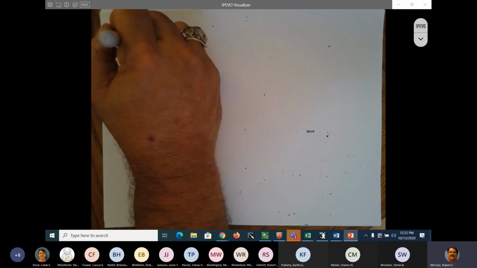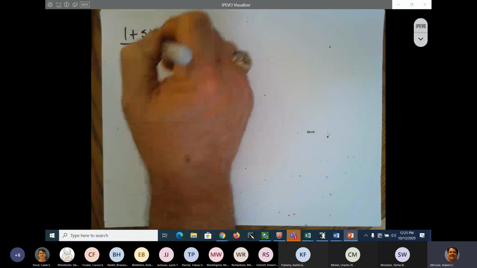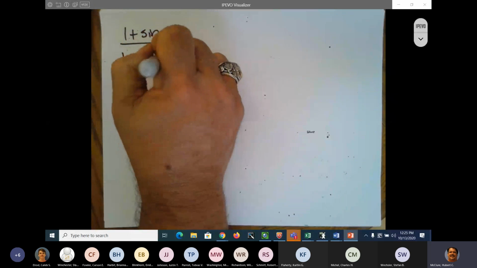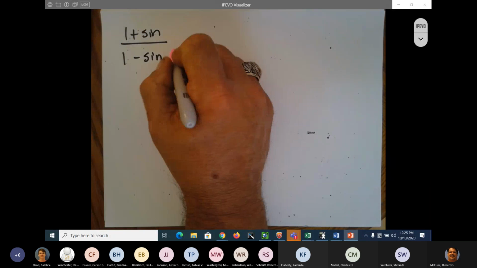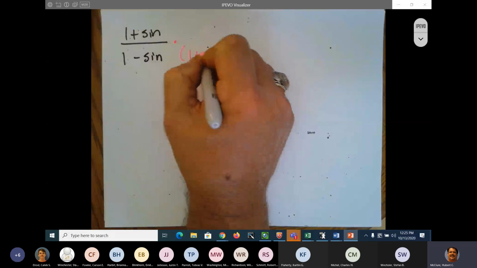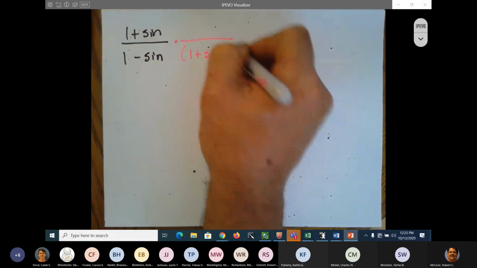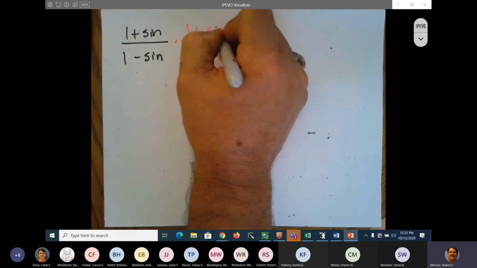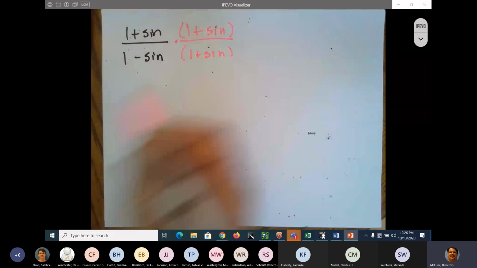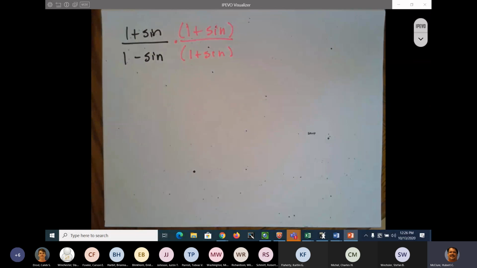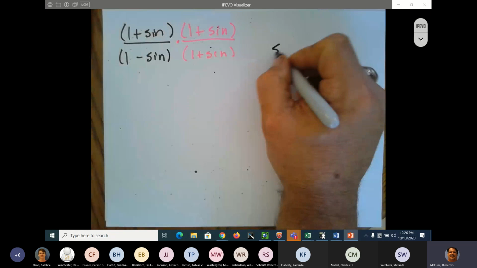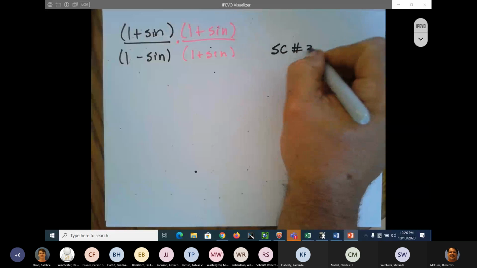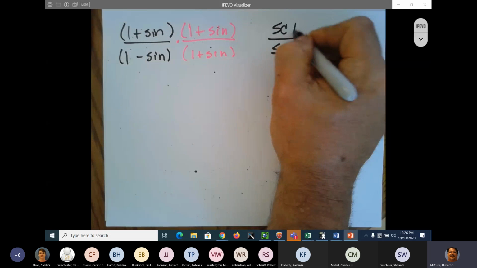So right now I've got 1 plus the sine over 1 minus the sine. Now, just like he said, I'm going to multiply by the conjugate, 1 plus the sine over 1 plus the sine. I'm going to expand it because I don't want you to get confused here. The bottom, we have shortcut number 3. The top, we have shortcut number 1.